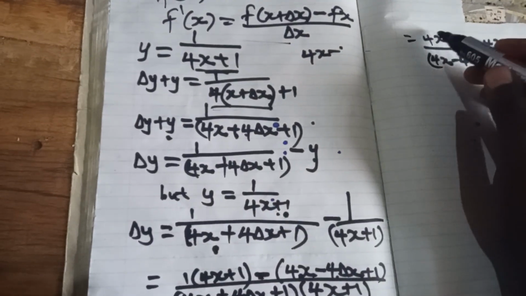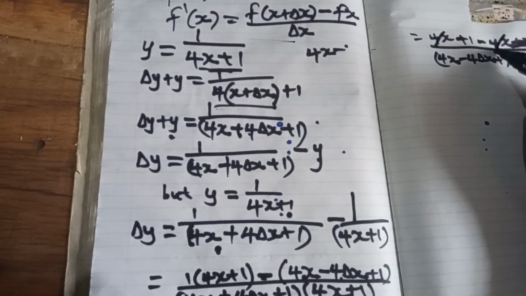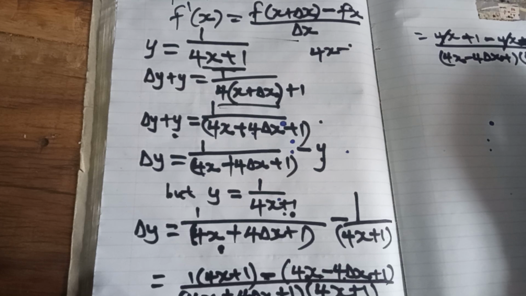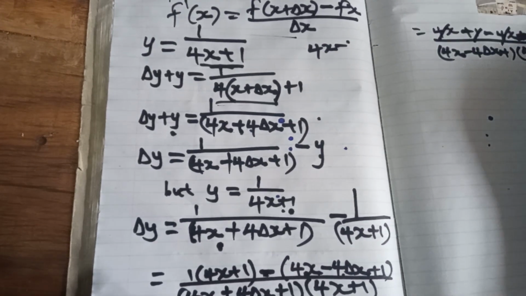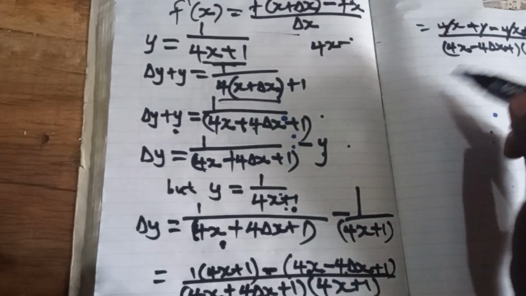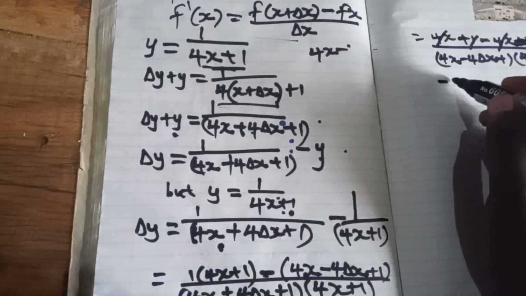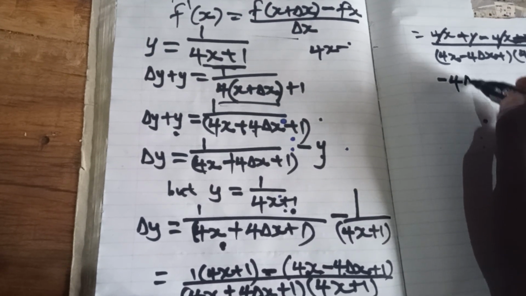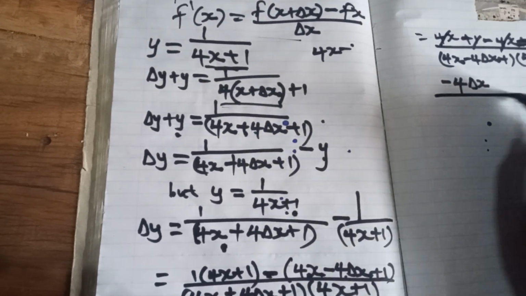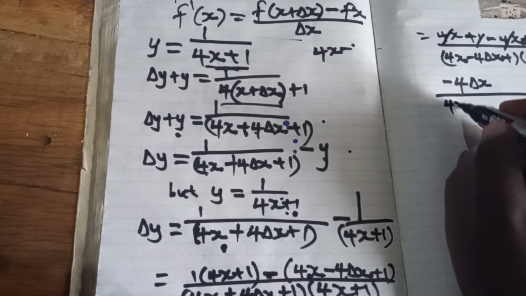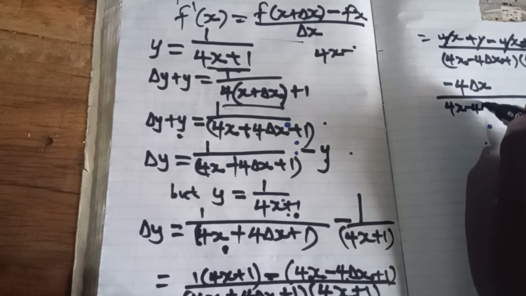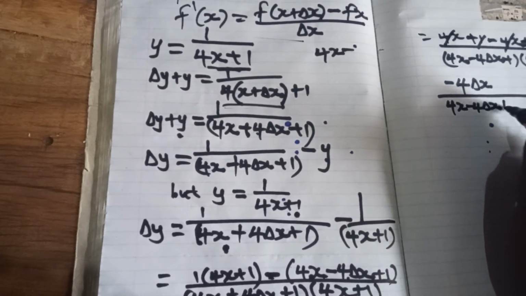In doing that, this one will cancel out with this one. Then this one is going to cancel out with this one. So we remain with a negative 4 change in x all over 4x minus 4 change in x plus 1.